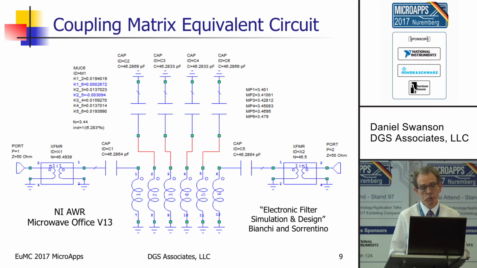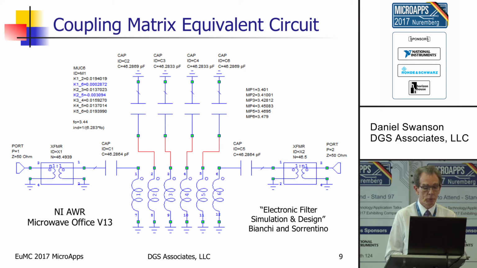And in fact, you can basically synthesize a coupling matrix using a circuit like this by optimization. So I'm not showing all the possible couplings here, but I've got the mainline couplings, and then the two cross couplings are in play here in this circuit.